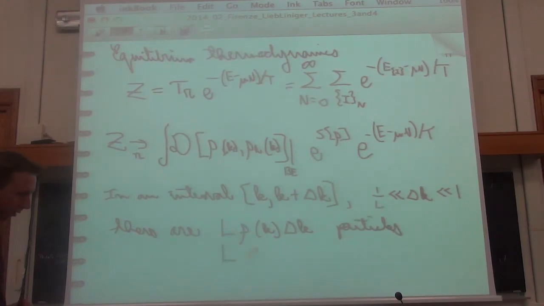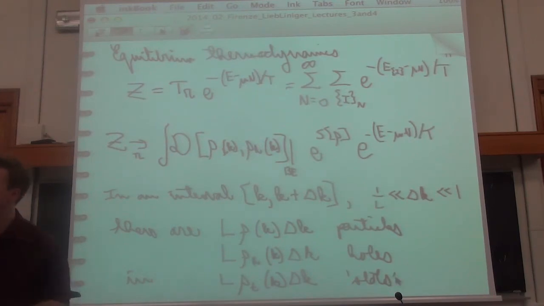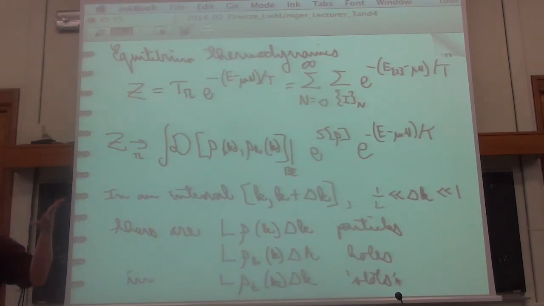There will be L rho hole of k delta k holes, in L rho total of k delta k slots. So a given delta k represents a certain number of available quantum numbers which are either busy or free.